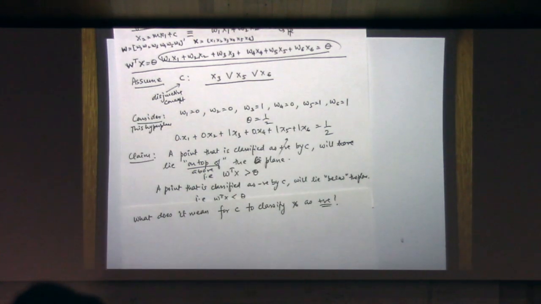Yes, go ahead. So the situation should be like W transpose X, and then what does that represent if it is equal to theta? Oh, if W transpose X is equal to theta, from a geometric perspective, it means that that point is on the plane, right?